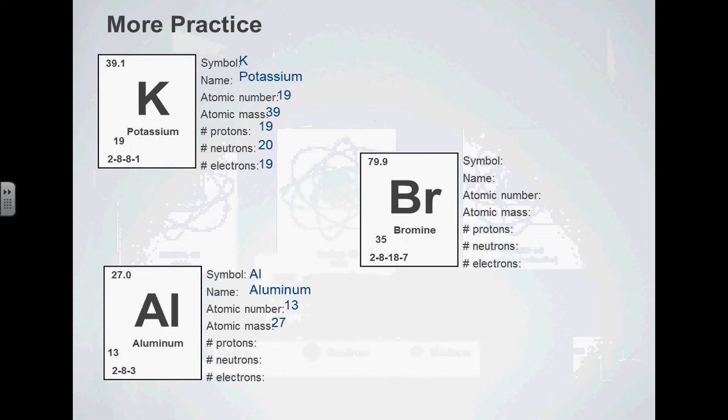Yep. Number of protons, Ashley. 13. Number of neutrons, Tristan. 26? Atomic mass minus atomic number? 14. Yes, 14. Number of electrons? Morgan? 13.